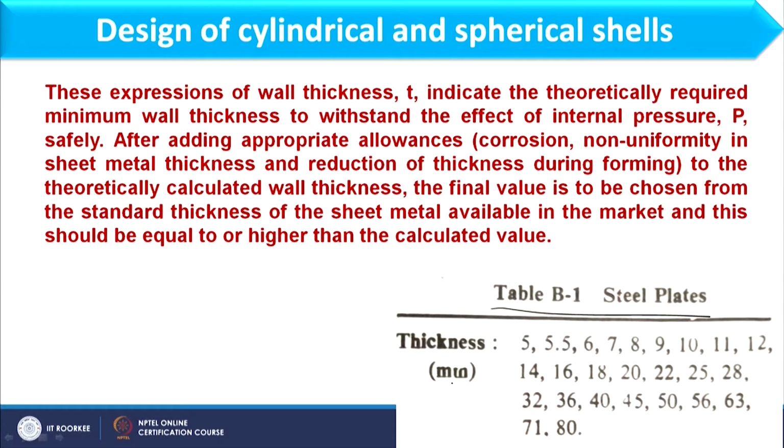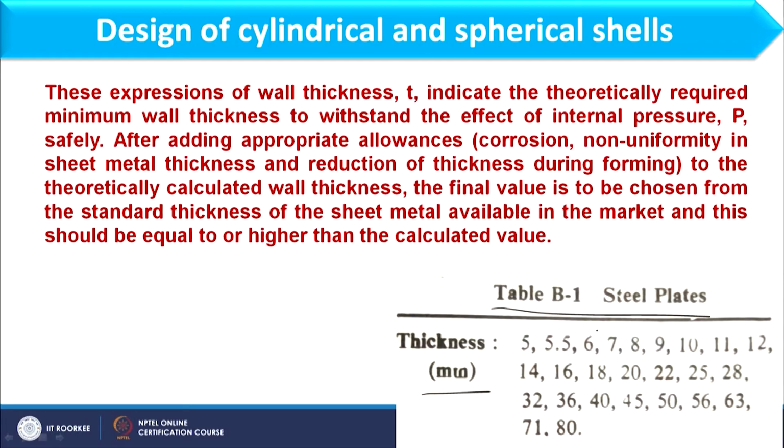Now, what happens after that? There are sheets available in the market which have standard thickness. So, above the value of T plus corrosion allowance, whatever thickness is available, we will consider as the standard thickness, and you can see that value from table B1, which gives the standard thickness of steel plates.